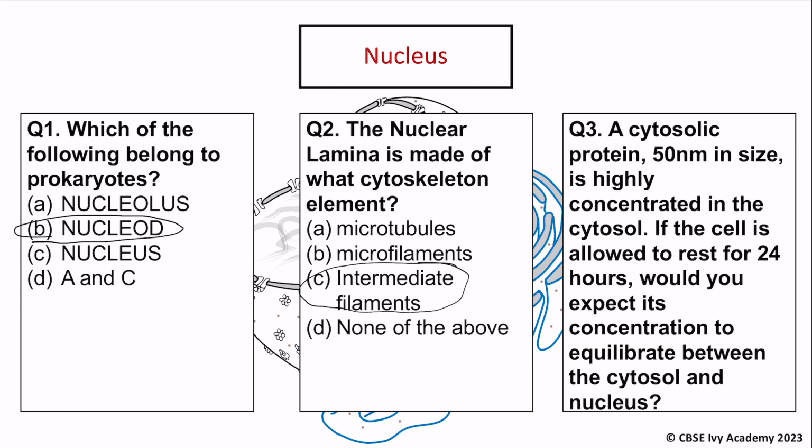And the answer is no. You would not expect it to equilibrate necessarily, because these nuclear pore complexes are selective, and it's not just size selective. They're selective in what kinds of proteins or other molecules they allow to enter or exit the nucleus. On to the next topic.